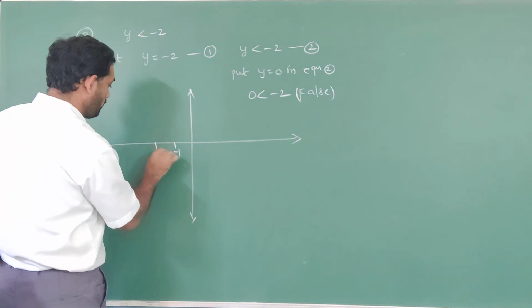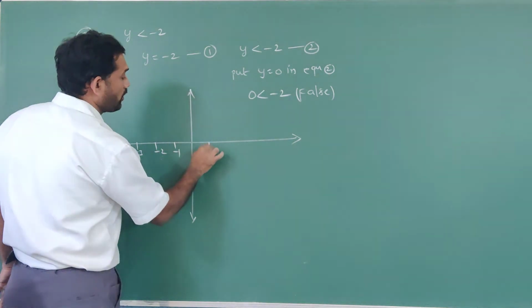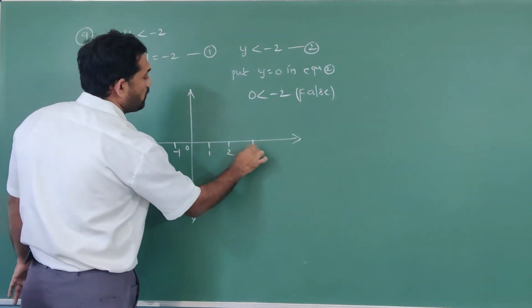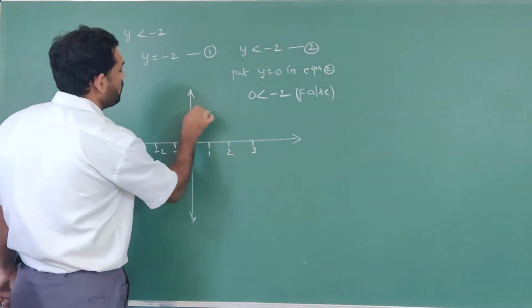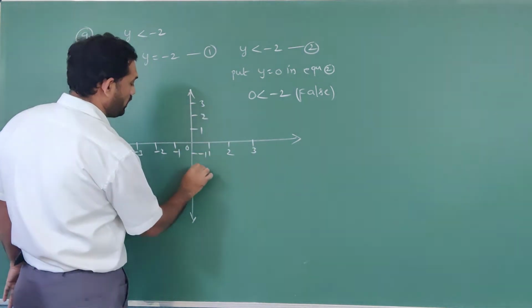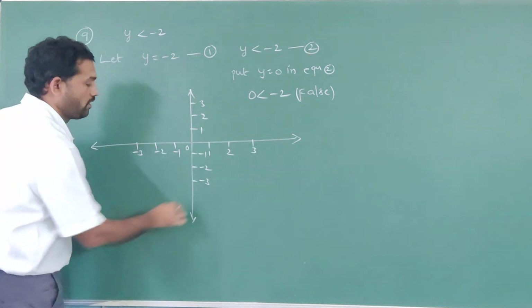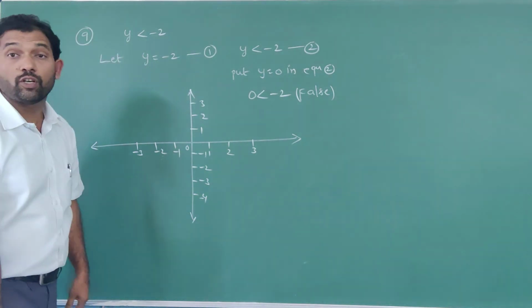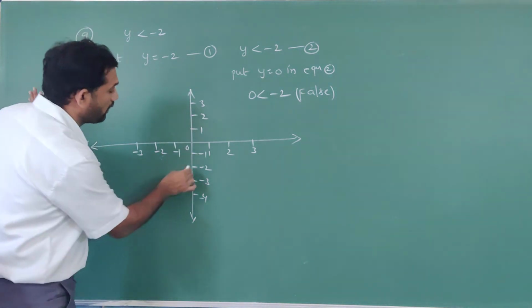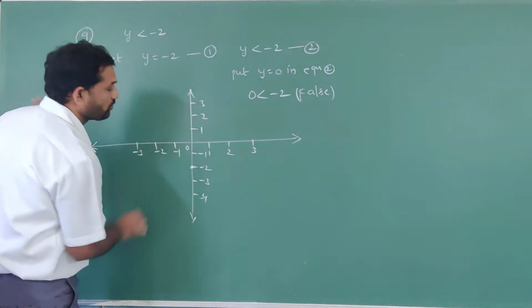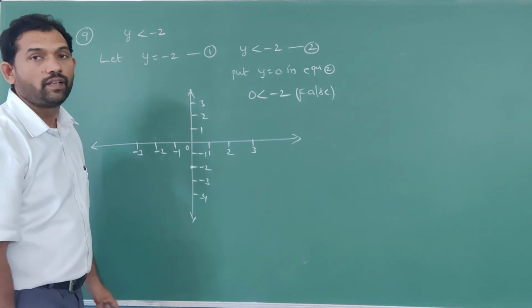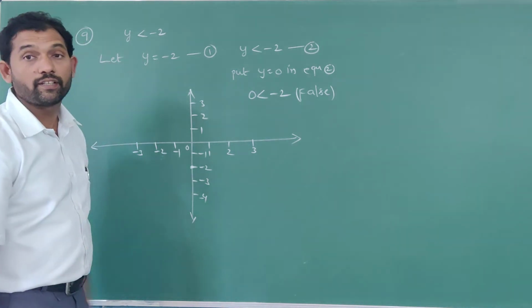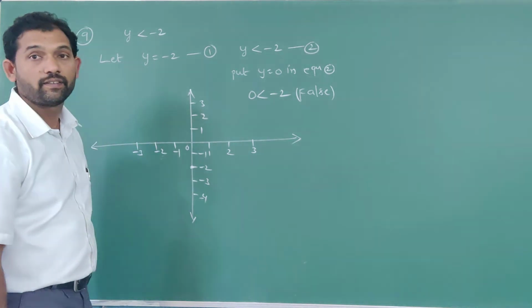So minus 1, minus 2. 1, 2, 3, 1, 2, 3, minus 1, minus 2, minus 1. Now, y is equal to minus 2 means on the y axis minus 2 is there. The point is here.